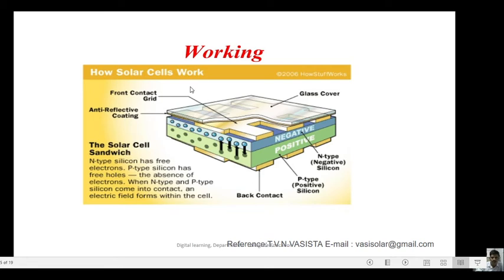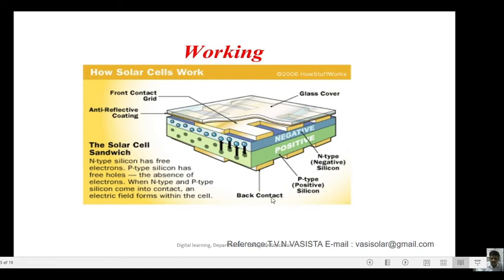Working: how a solar cell works. Here is the front contact grid. The upper surface is coated with a glass cover, and an anti-reflective coating is also there below the glass cover. Here the electron-hole pairs are formed along the edges of the material, with n-type negative silicon and p-type positive silicon.